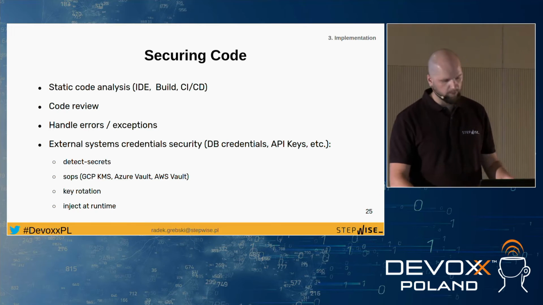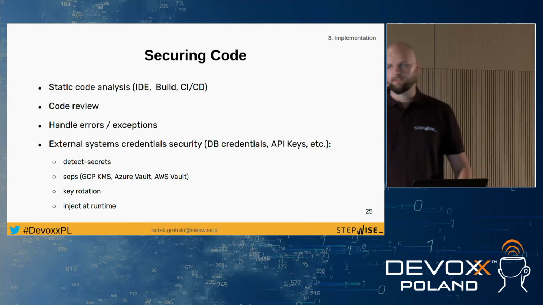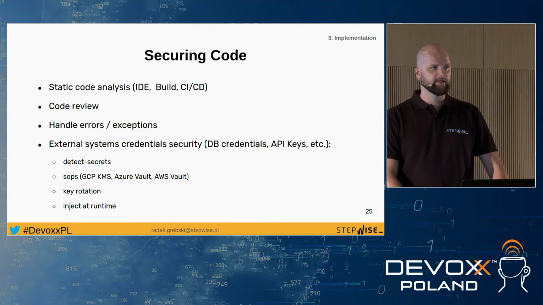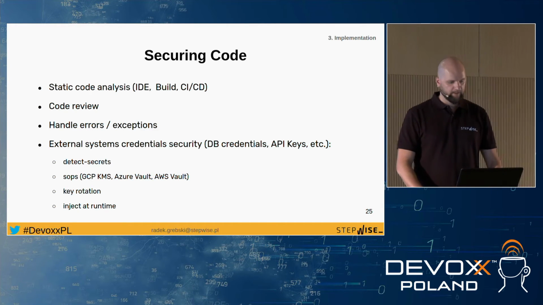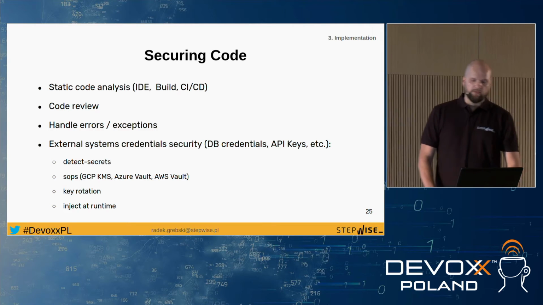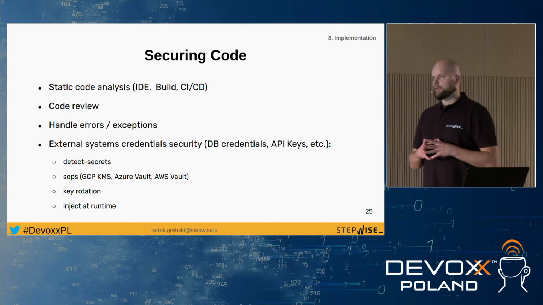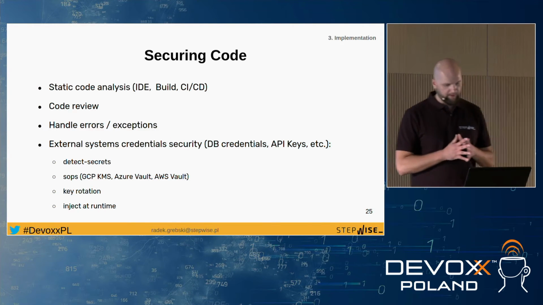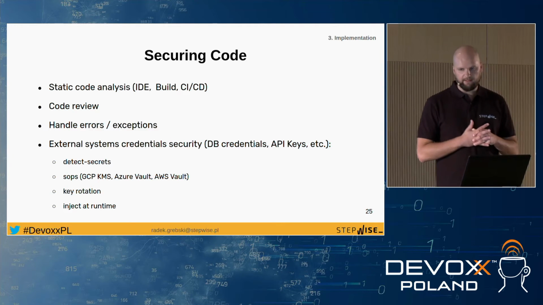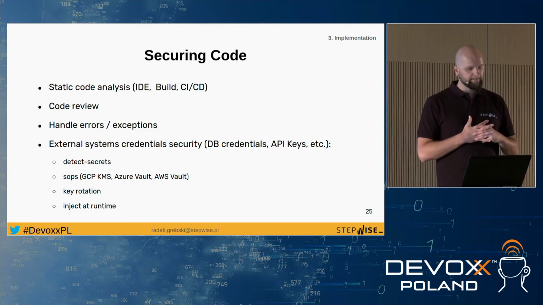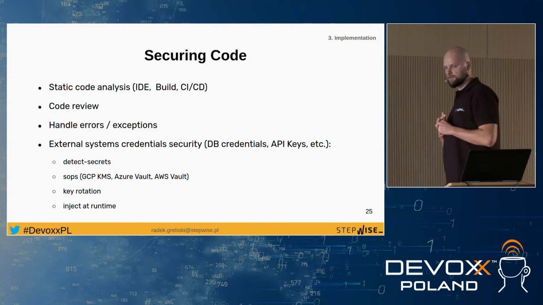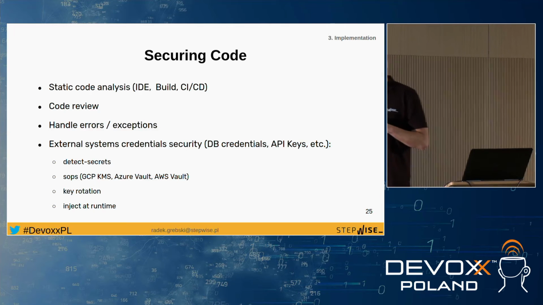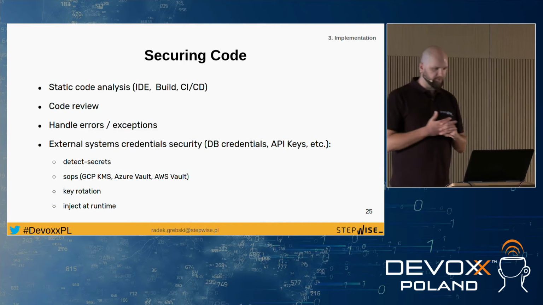We should also do code review, not only checking business logic, but also security aspects of our system. We should handle all the errors and exceptions in our application, not to be thrown and left alone. And we should also take care of external systems credentials to be secured.